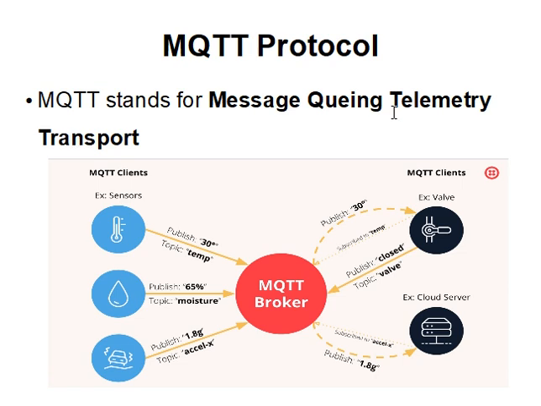Okay, here the MQTT protocol works on two important points. One is publish, and the other one is called subscribe. What does this publish and subscribe model mean?